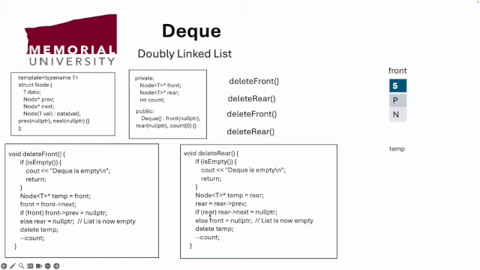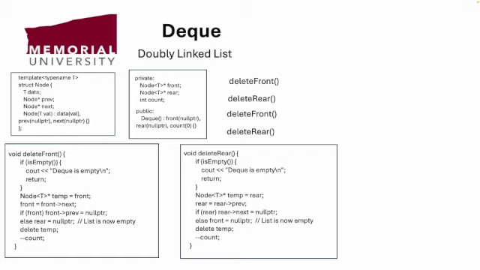If rear is equal to none, what do we do here? We're not going to here, we do here. We have to release the front pointer. Front is gone. And then we safely delete the temporary pointer, delete this node, and reduce the size by 1.